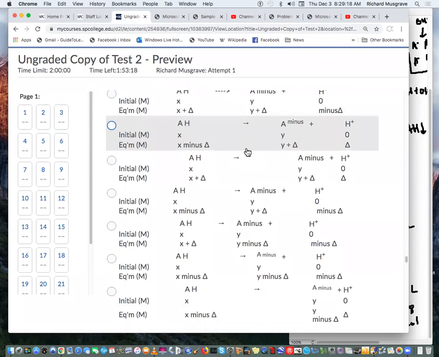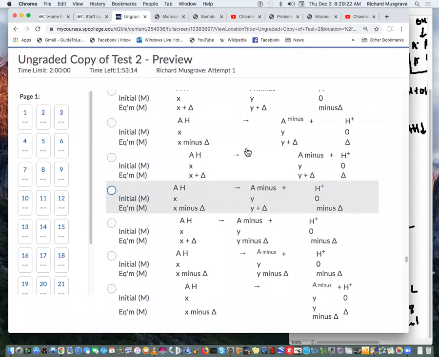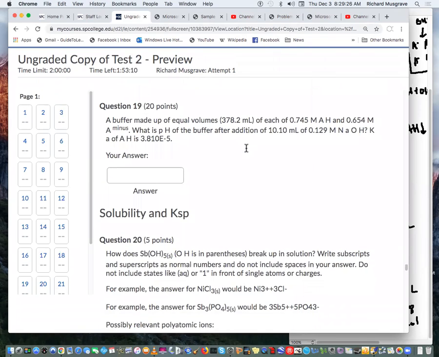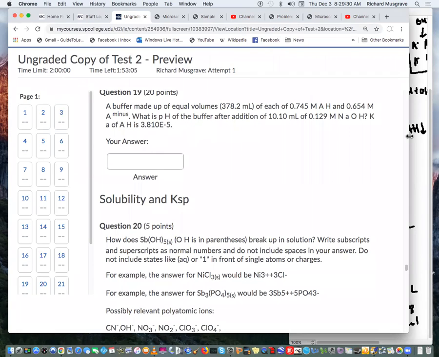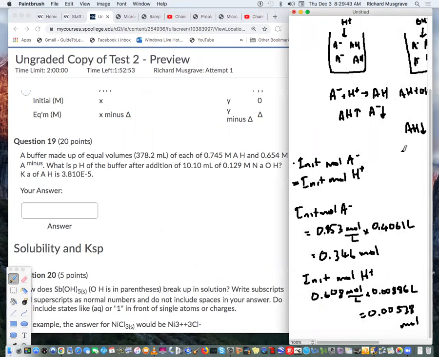So you find the answer that has that, and plus delta at the end as well. Okay, and for this one, you need to find the pH of the buffer. So it's doing the same things as we just did, except you're going to do it on a larger scale now.